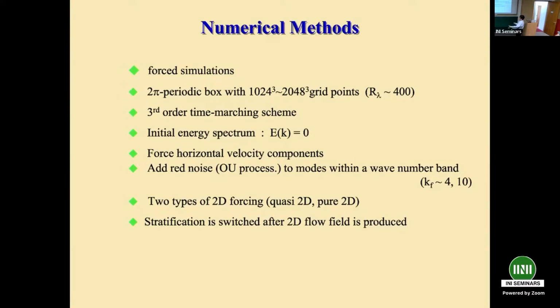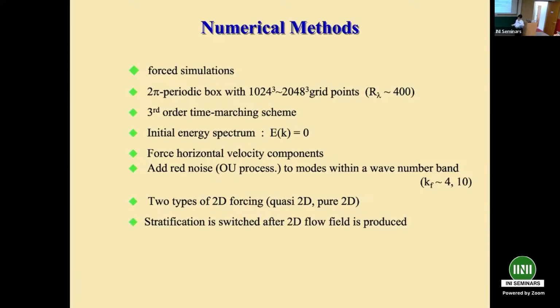And we make structures, make the velocity field just by forcing. So we force the horizontal velocity components and add red noise. So it's an Ornstein-Uhlenbeck process.